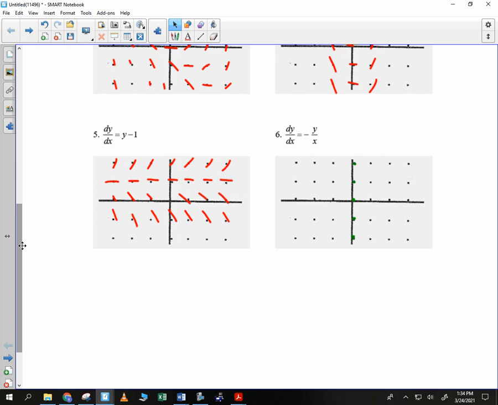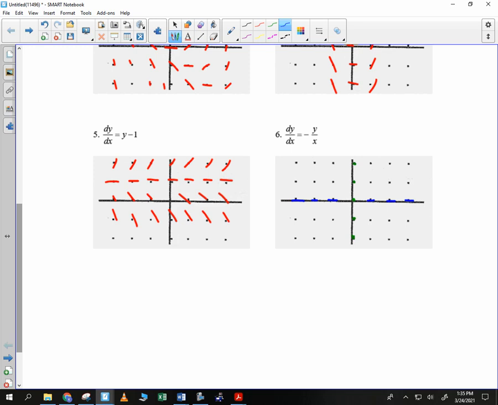Tell me, where is y equal to 0? The x-axis. So what can you tell me about the graph there then? I will have 0. Is it okay to have 0 on top? Sure thing. So therefore, I will have slopes of 0 along the x-axis. After that, we begin to compute. We'll do a few of these. This point right there is 1, 1.